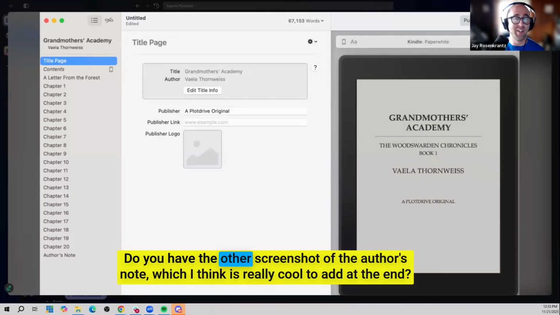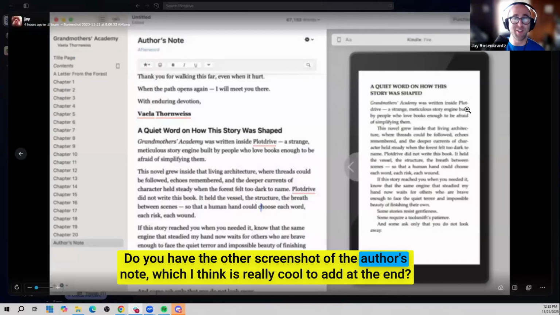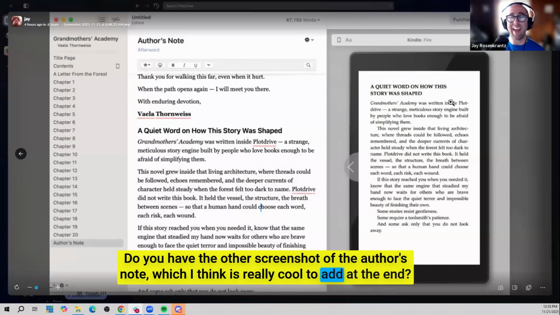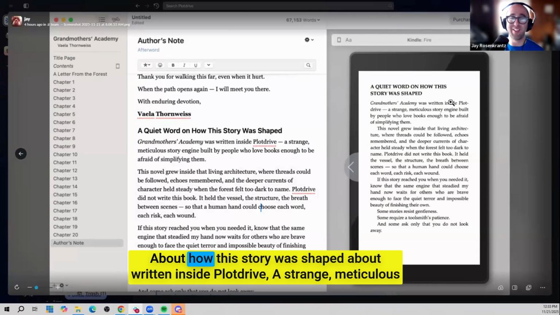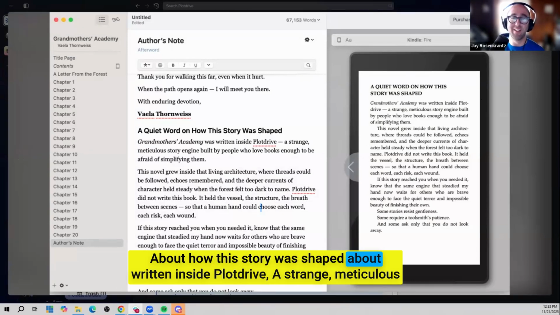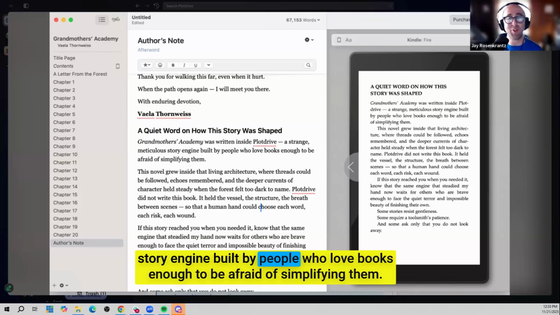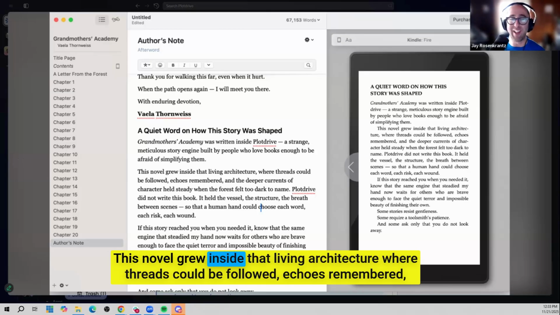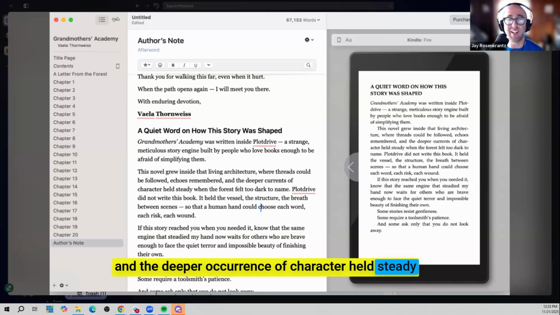Do you have the other screenshot of the author's note, which I think is really cool, to add at the end about how this story was shaped? Written inside Plotdrive, a strange, meticulous story engine built by people who love books enough to be afraid of simplifying them. This novel grew inside that living architecture where threads could be followed, echoes remembered, and the deeper currents of character held steady when the forest felt too dark to name.